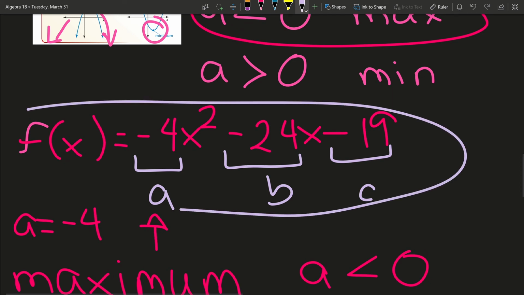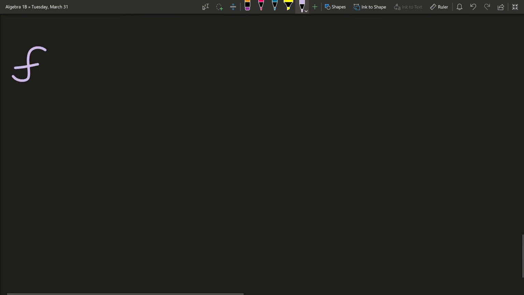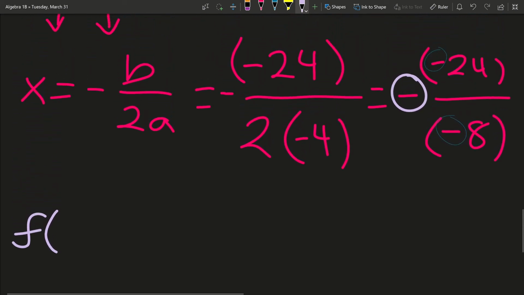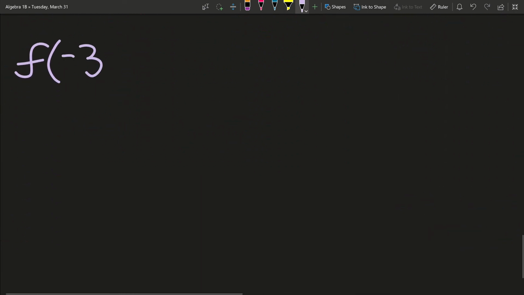This one right here. And what is our f of x? Instead of writing f of x, we can write f of negative 3. Go ahead and try to write it by yourself before I do it.